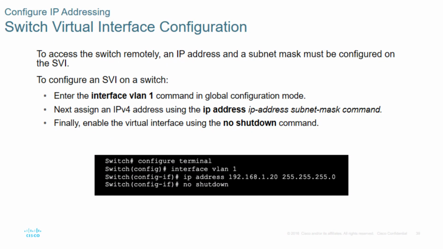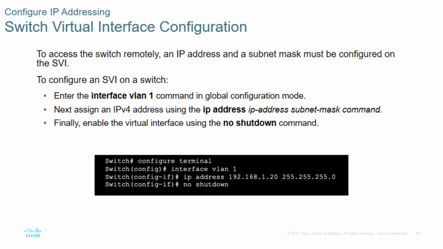Now, switch virtual interface configuration. To access the switch remotely, an IP address and a subnet mask must be configured on the SVI. To configure an SVI on a switch, use the interface vlan 1 global configuration command. VLAN 1 is not an actual physical interface but a virtual one.